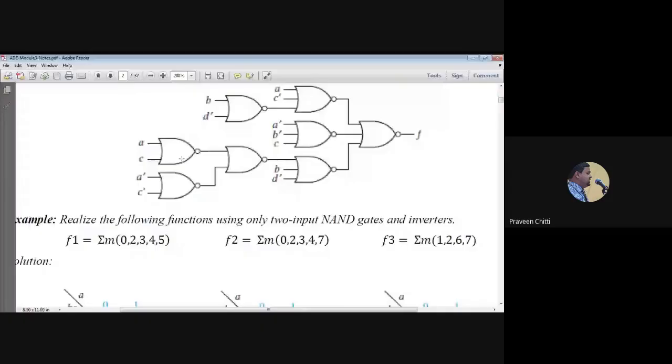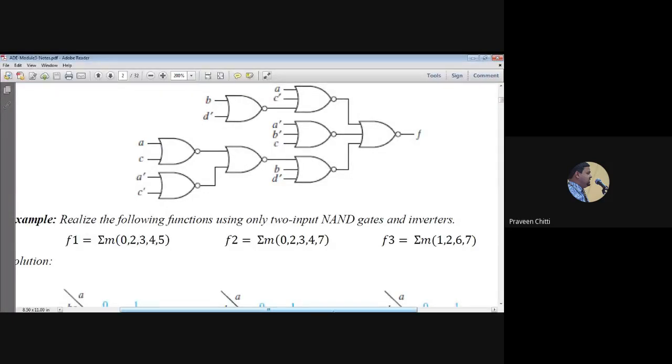Independent expressions will be given to you, how we can simplify those independent equations, and then together we want to implement them, how it can be done, right? So all of you take down this next example. This is an important example. We'll see how we can solve this particular example. Just take down this. Hope the screen is visible.